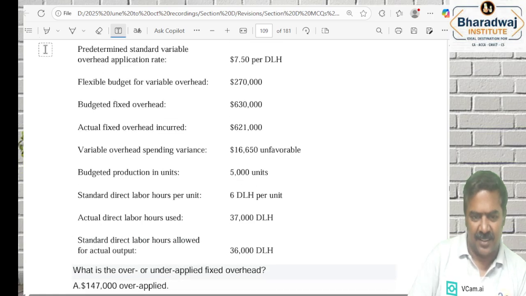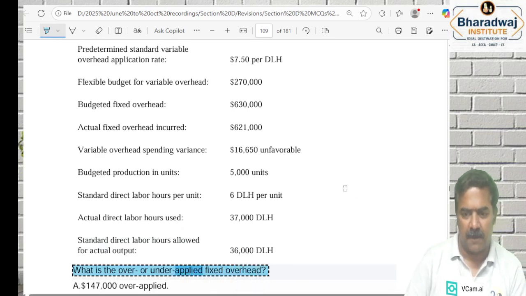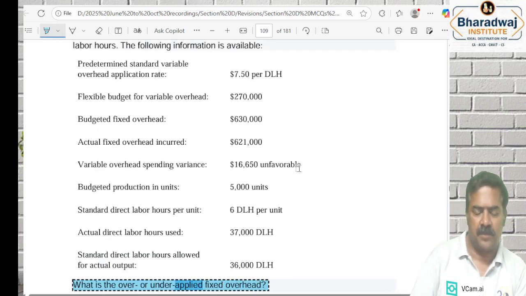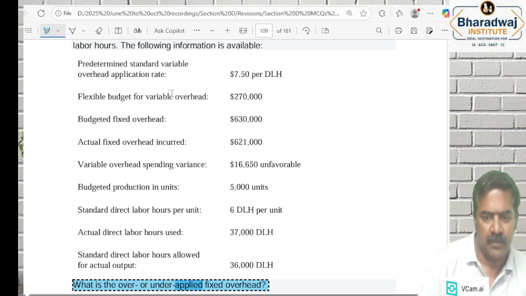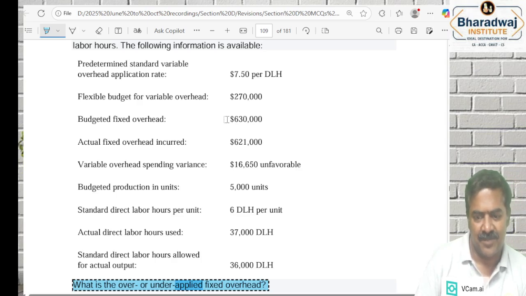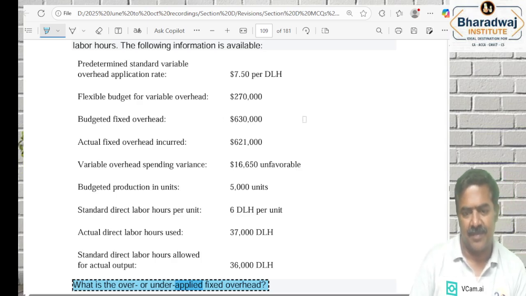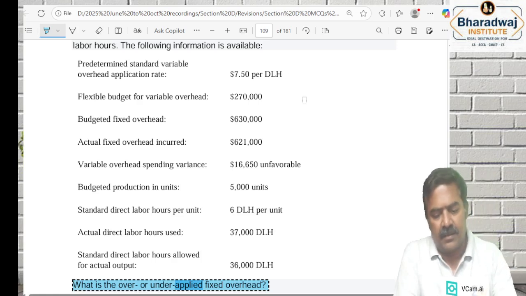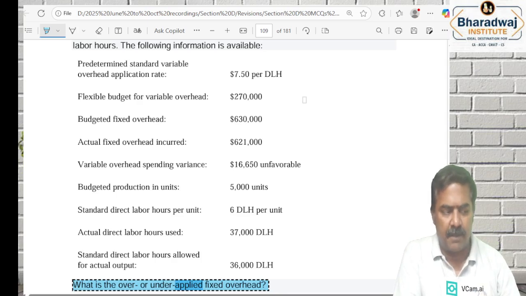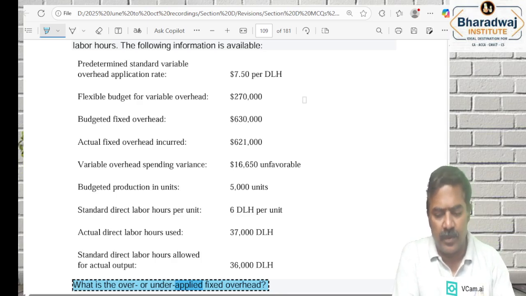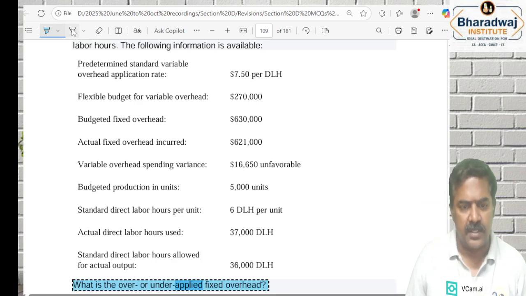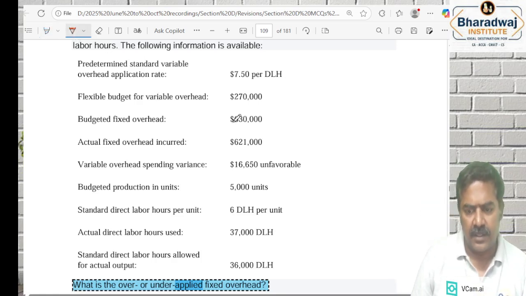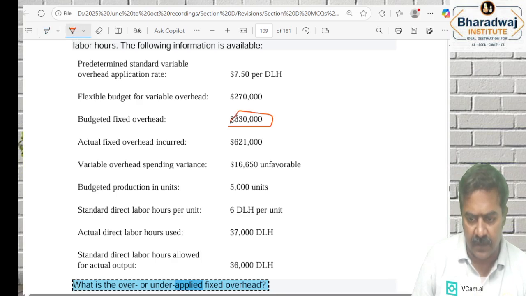Fixed overheads. Try to work out fixed overheads. So 1,47,000 difference. No, think. What is the budgeted fixed overheads given? 6,30,000 is given.